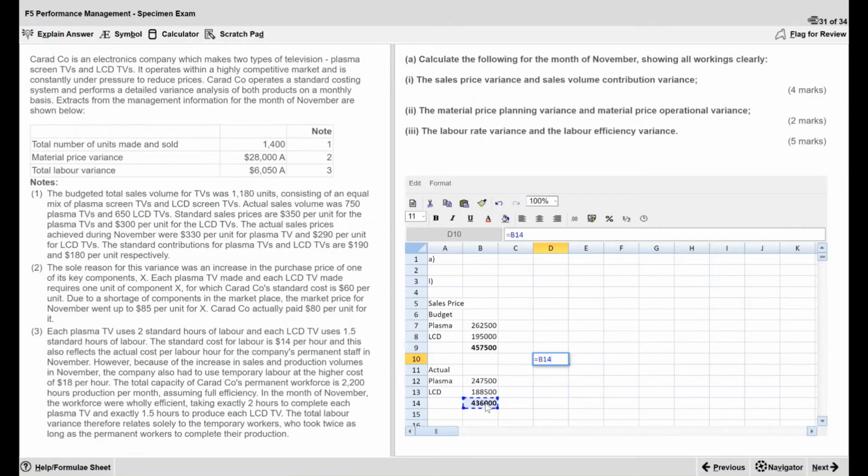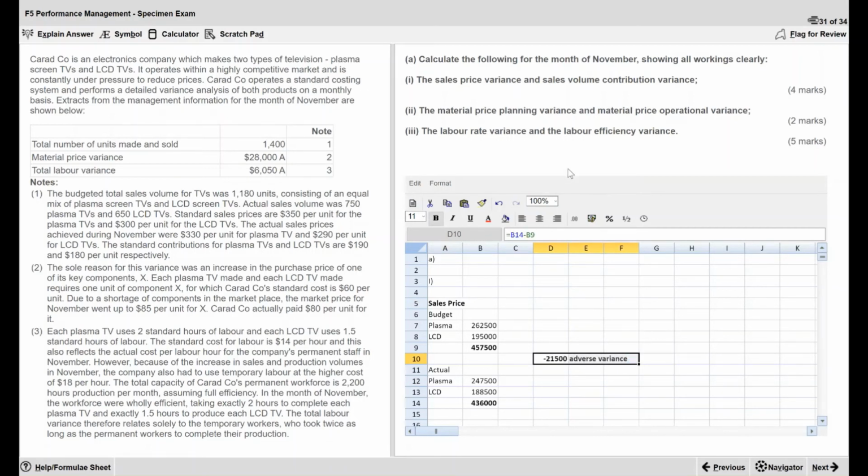So if we minus, we have 21,500 adverse variance. It is good to show adverse variance as minus, but it is not important. You have to mention adverse with it even if you write it as minus. But it is good to have the adverse variance as minus. So one thing is done.